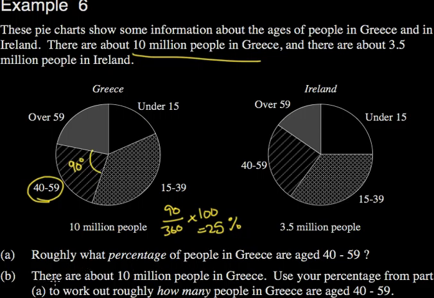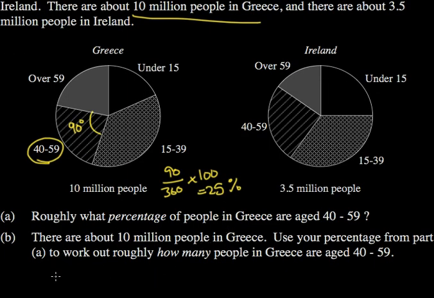For part B, it says there are about 10 million people in Greece. Well, it said that in the question. Use your percentage from part A to work out roughly how many people are aged between 40 and 59. So what we've worked out is 25%, and we've got to find 25% of 10 million.